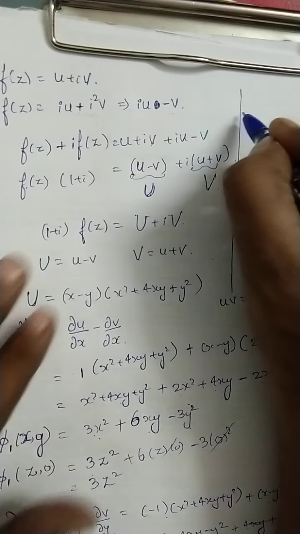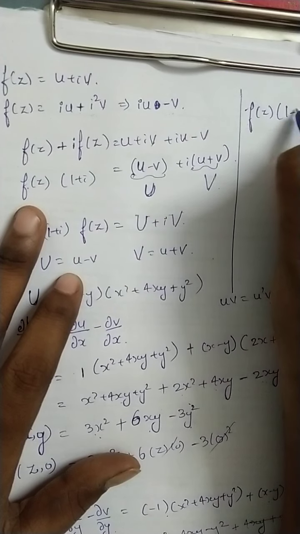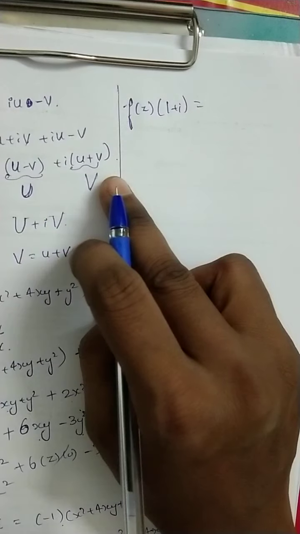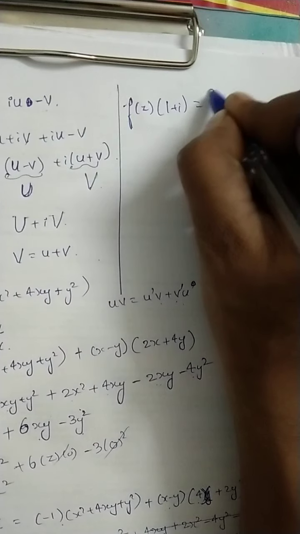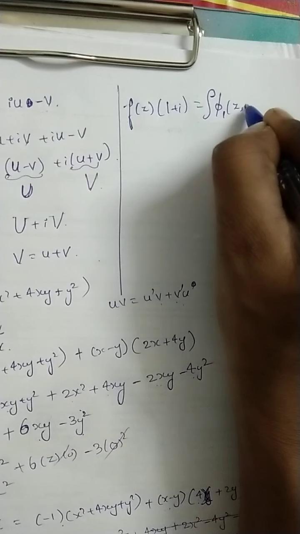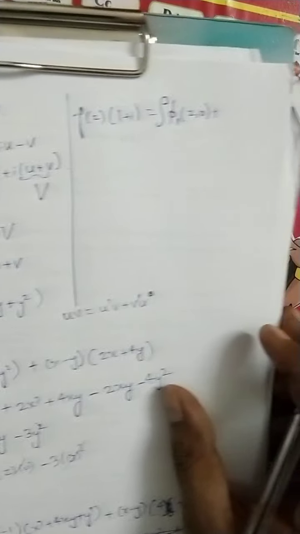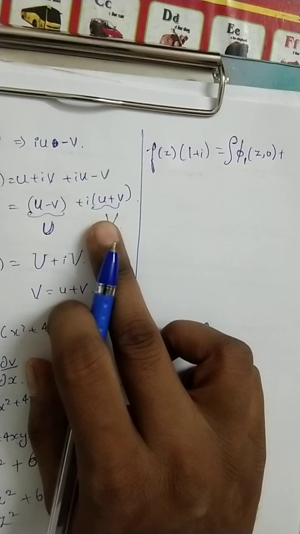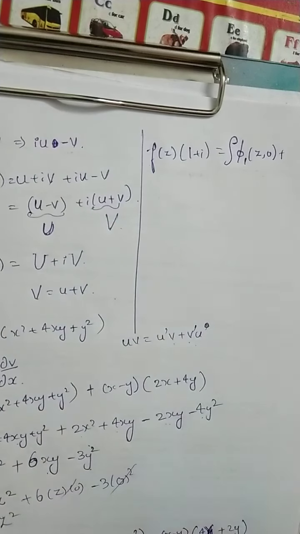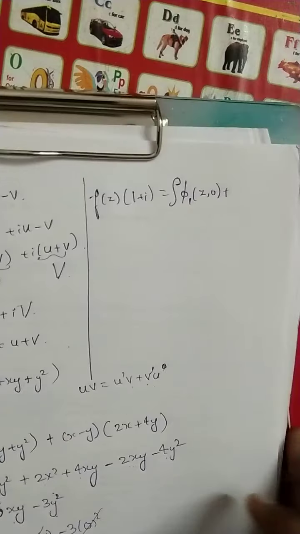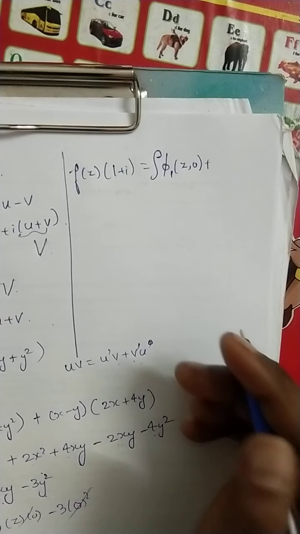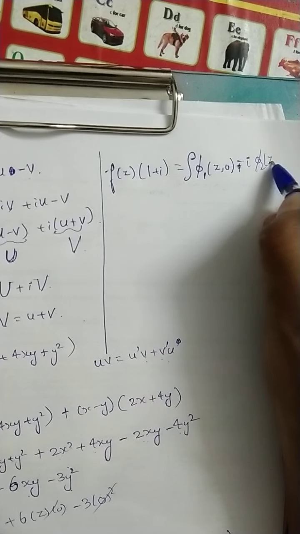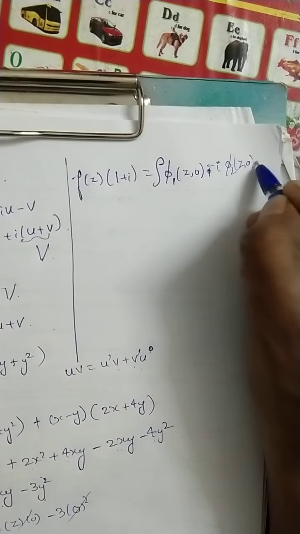So what is here? F of z is equals to integration of phi 1 with respect to z comma 0, minus i into phi 2 of z comma 0, plus c.